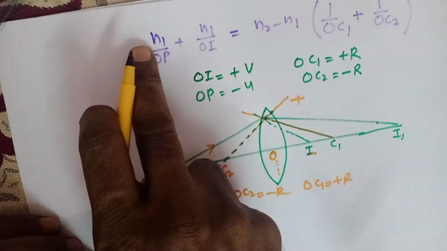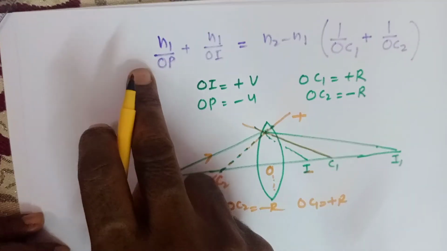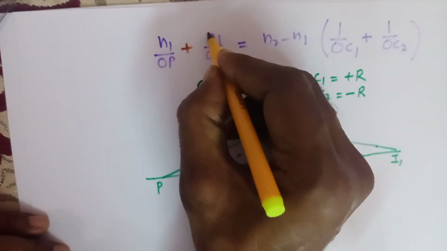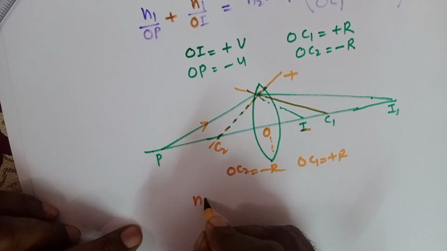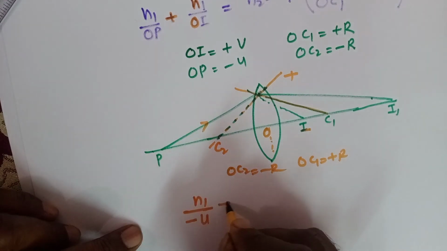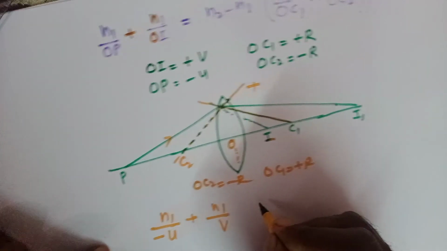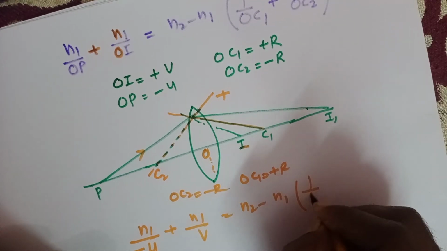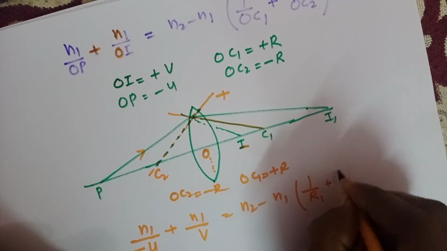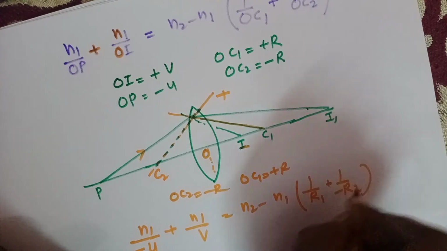Okay, now we have N1 by OP plus N1 upon OI. We'll put the values. OP is minus U, so N1 by minus U plus N1 by V equals N2 minus N1 times 1 by R1 plus 1 by minus R2.